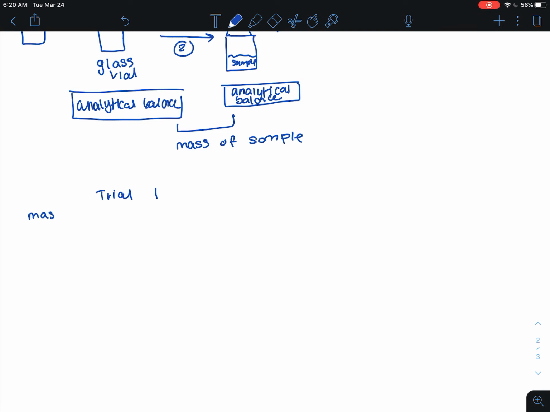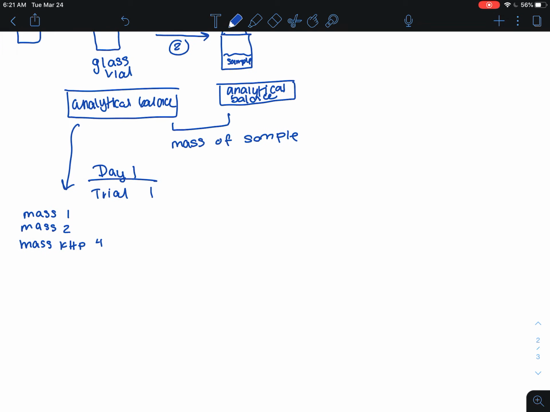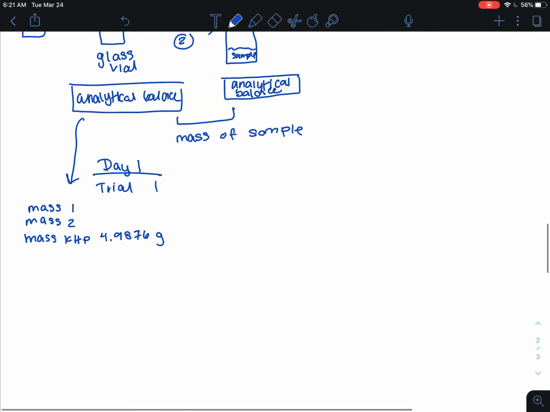So this was trial 1. You're going through day 3 of this lab, but you would be given your mass 1, let's say that was the analytical balance, mass 2, and then mass KHP. This would be for day 1, which we don't have a sheet for because we're not doing this part.